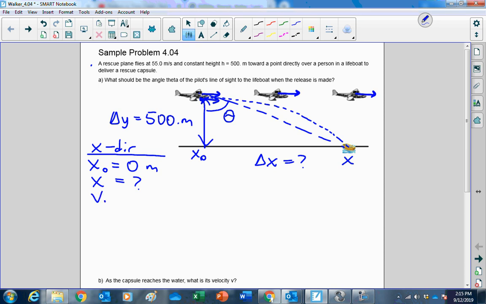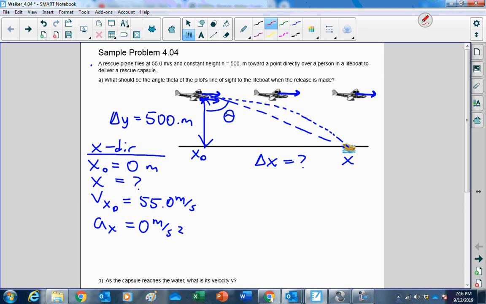I know the x velocity, which is not changing. I could call it vx0, but it's going to stay the same because if we ignore air resistance, the capsule itself is not going to change velocity. It's going to keep the velocity it has because gravity doesn't affect the x portion of the velocity. That's another way of saying it's not accelerating in the x direction. I don't know the time.